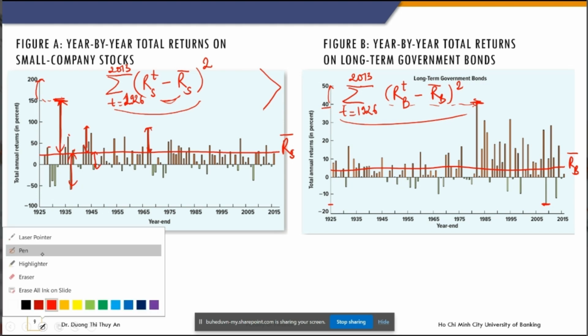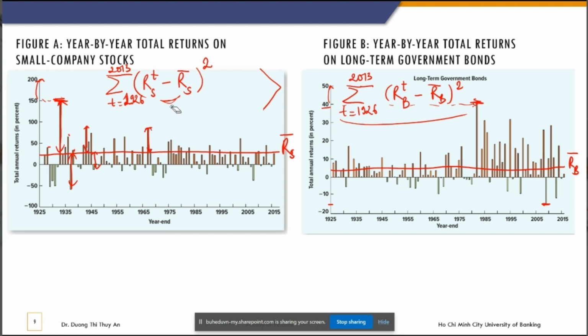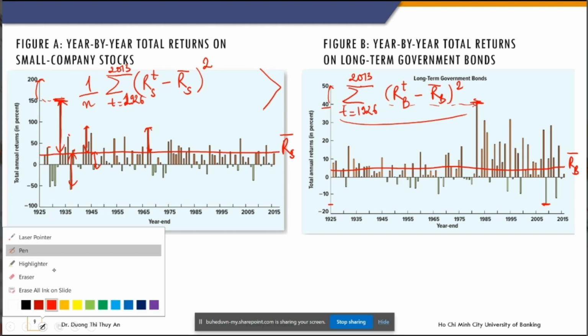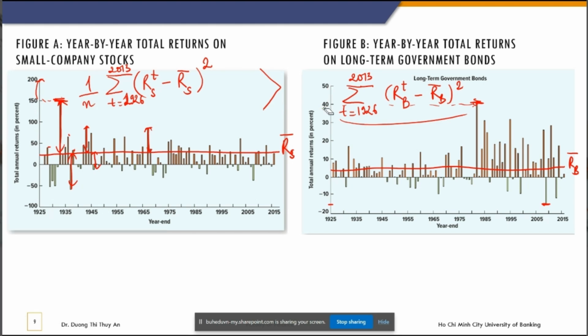So I want to make it smaller by taking the average: I divide this number by n, and I do the same here.